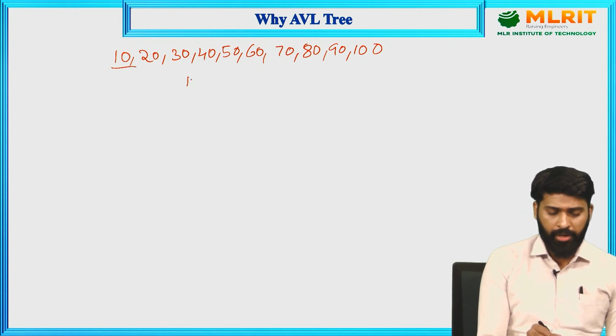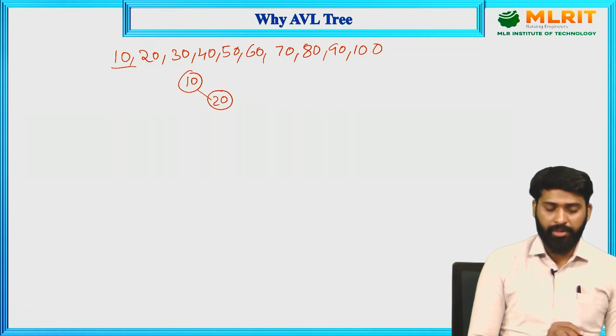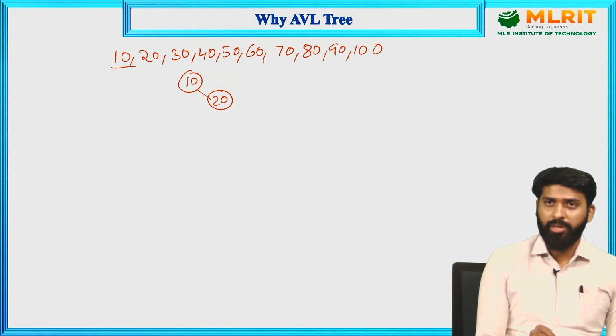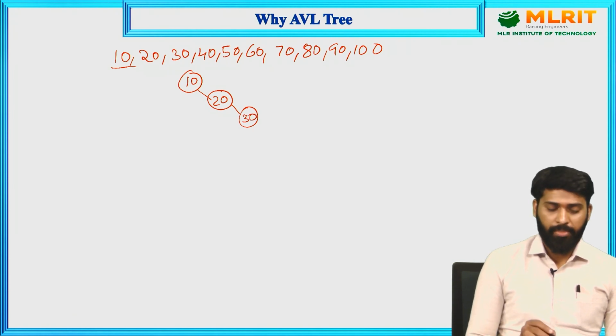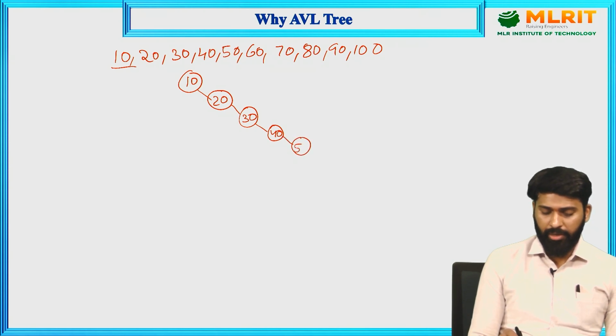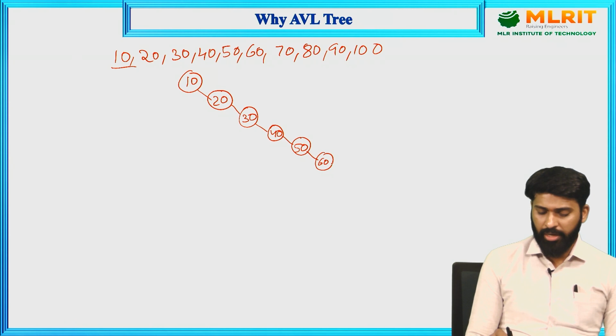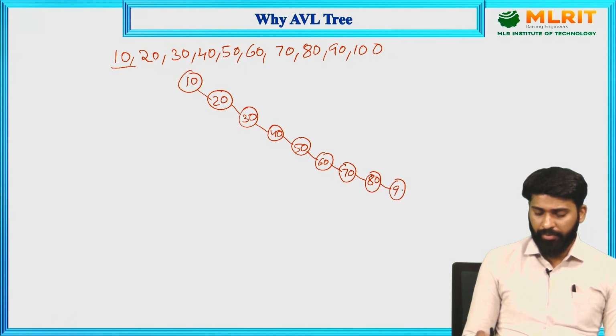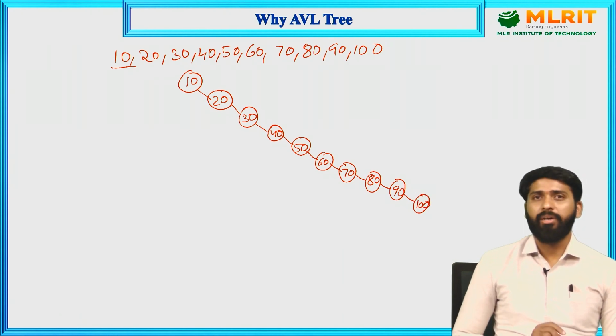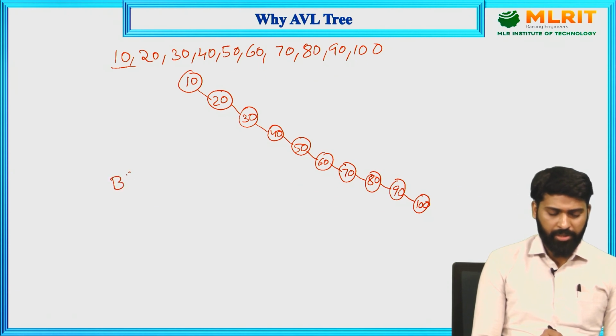The first node is 10. 20 is greater, so 20 is right of 10. 30 is greater than 20, so 30 is right of 20. 40 is right of 30, 50 is right of 40, 60 is right of 50, 70 is right of 60, 80 is right of 70, 90 is right of 80, 100 is right of 90. So this is the binary search tree.